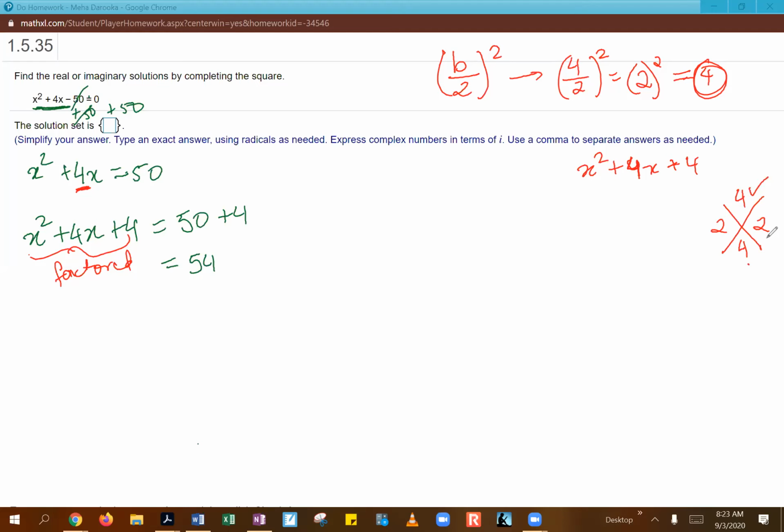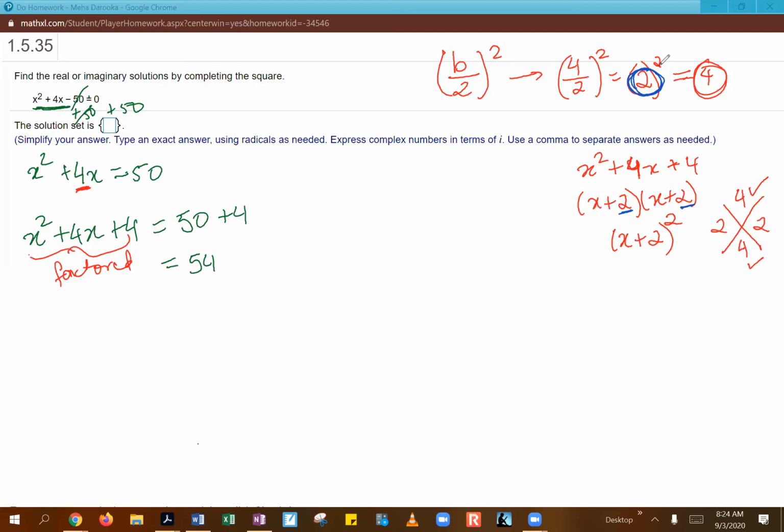When I add 2 plus 2, I also get 4. So very nice. This will factor into x plus 2 and x plus 2, which gives us x plus 2 to the second power. And one more thing I wanted to point out, this number 2 is the same one that we calculated when we took 4 divided by 2.